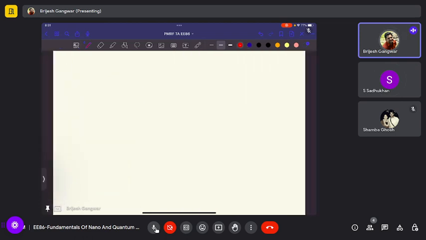Then comes question number 14. Given a 10 milliwatt helium neon laser beam operating at wavelength 632.8 nanometer, it is incident on a photodiode with responsivity 0.43 A W^-1.